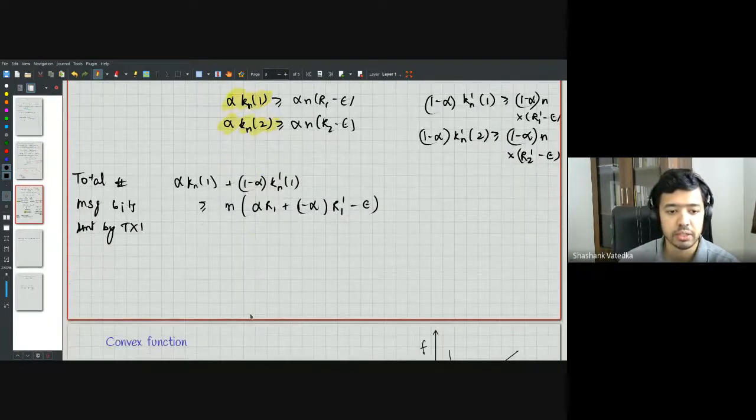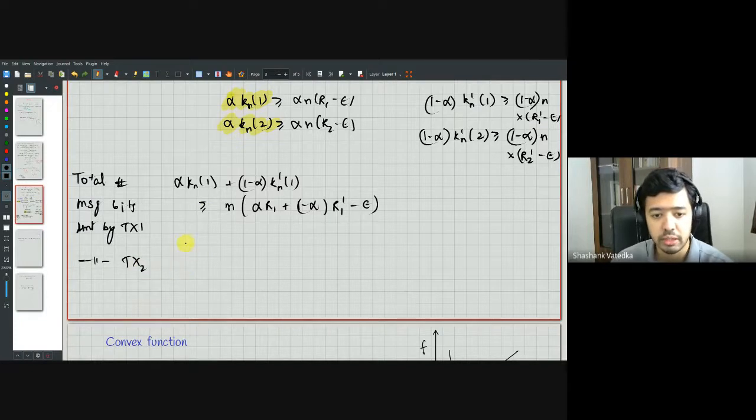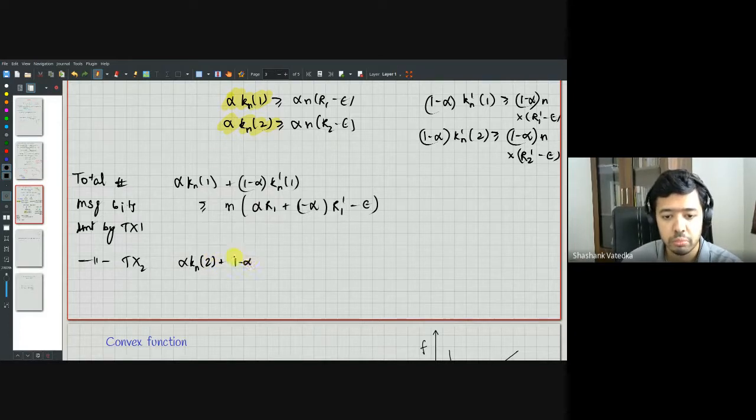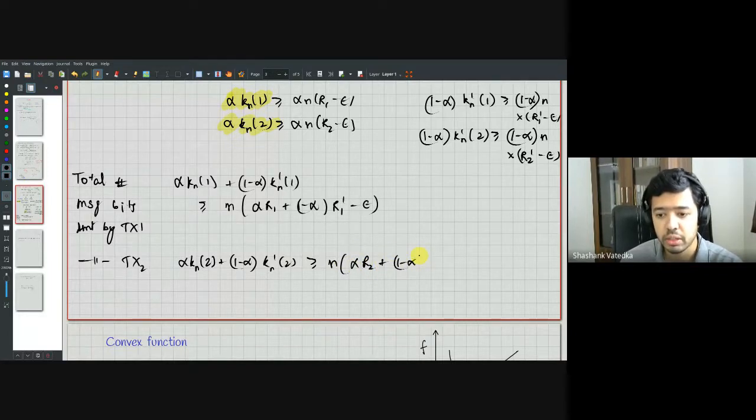Similarly, the total number of message bits sent by transmitter 2 is alpha k_n(2) plus (1 minus alpha) k_n'(2), which is at least n times (alpha R2 plus (1 minus alpha) R2' minus epsilon).